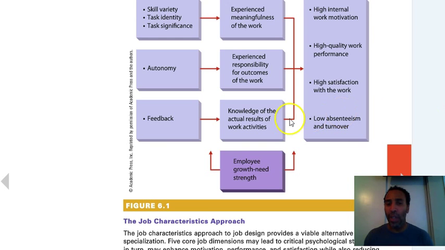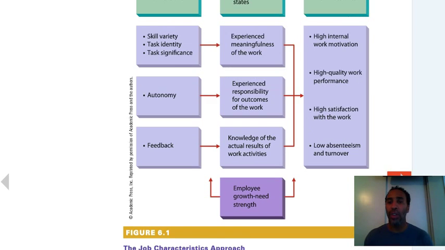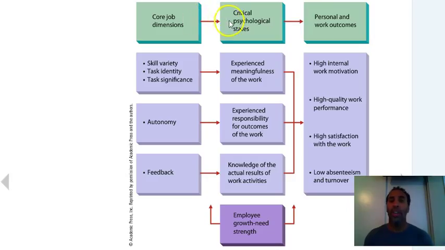So employee growth, need, and strength. Just wanted to show you that part at the bottom. Core dimensions of the job, the critical psychological states, and personal work outcomes. So skill variety, task identity, and task significance go into experienced meaningfulness of work, right? Which leads into high internal work motivation, high quality work performance, and high satisfaction with the work, and low absenteeism and turnover.